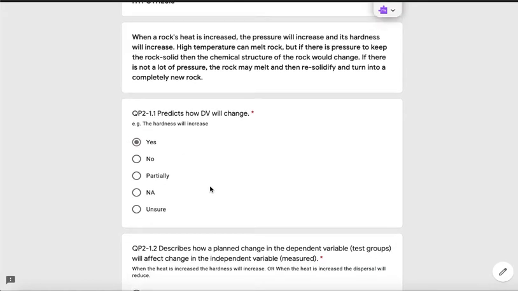The next is, did they describe how the things that they were planning to change, so in this case, we plan to change the amount of heat, how it will affect a change in what they're measuring? So the example answer here is, when heat's increased, hardness will increase. Or when heat's increased, dispersal will reduce. It won't spread out as much.